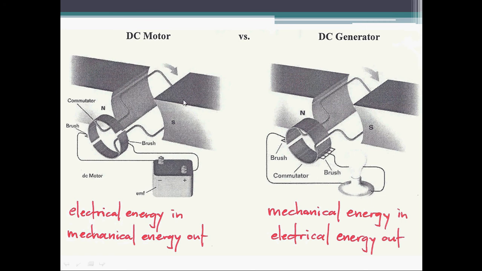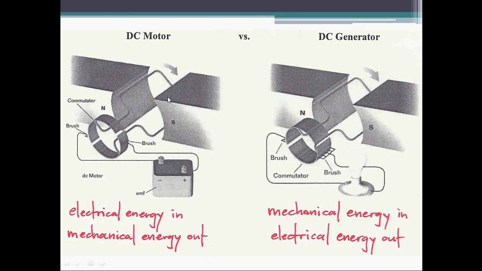We can imagine the current running through this wire. At this point, the magnetic field is going this way between the two magnets. The charge is moving along this way, and we notice that the charge is moving perpendicular to that magnetic field. That tells us we can use the right-hand rule to figure out the force being exerted on that charge, which will always be pushing it around and around in a circle.